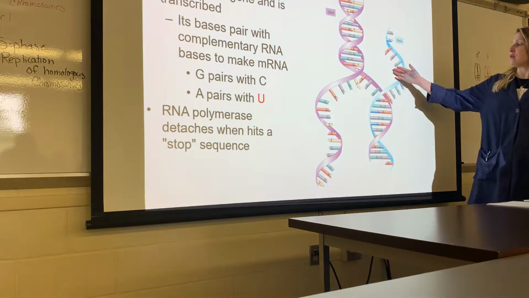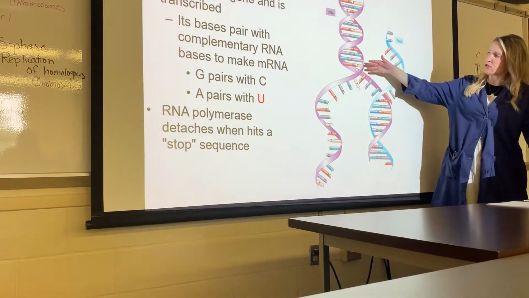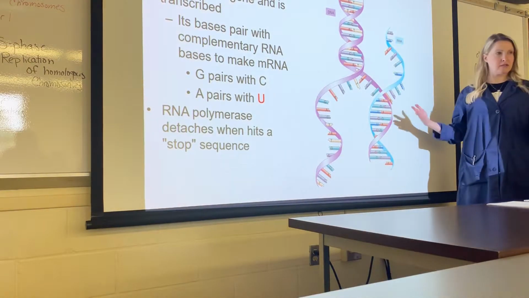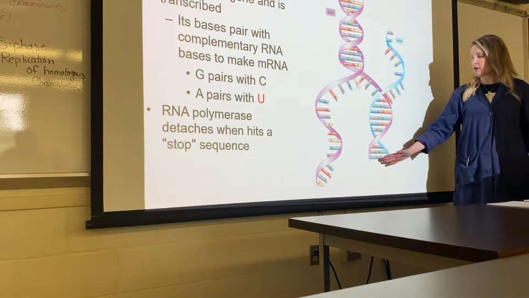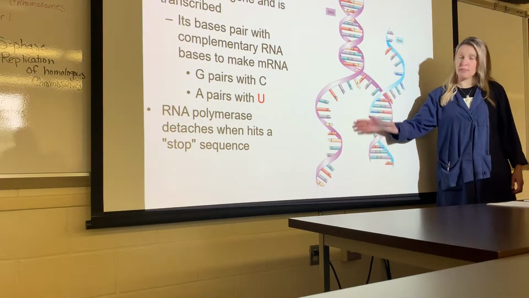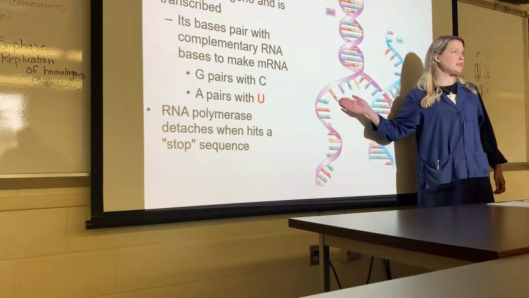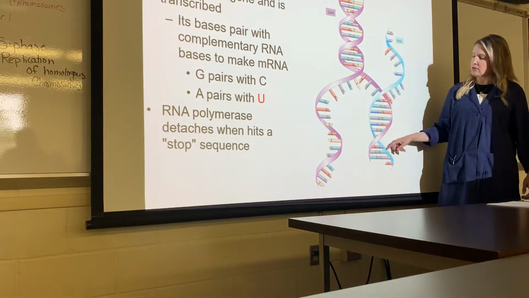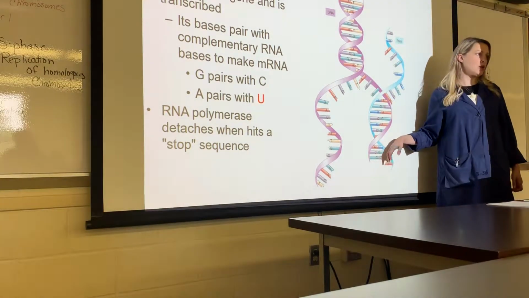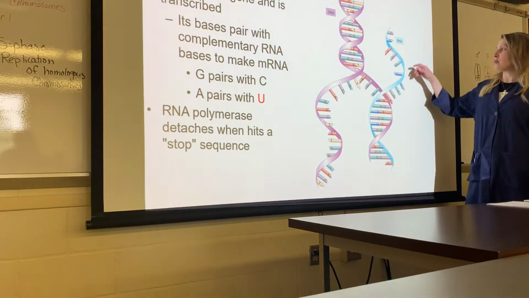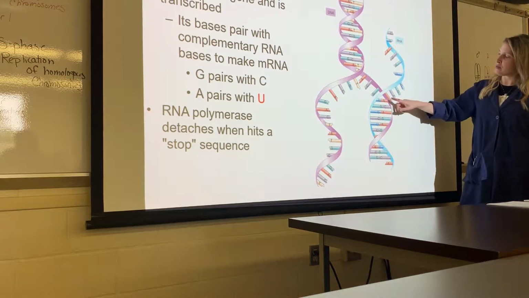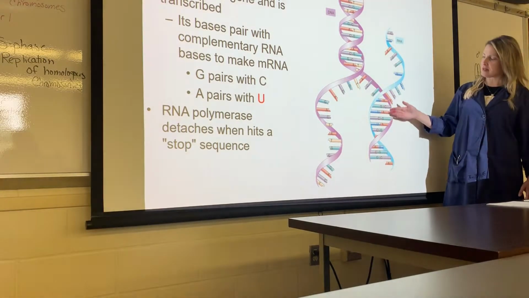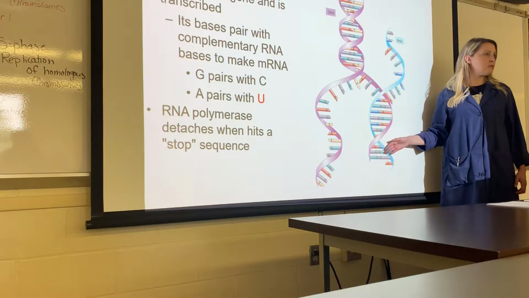So over here we're showing the process of transcription. The purple strand is our double-stranded helix of DNA. And again, we get RNA polymerase unzipping the DNA, breaking the hydrogen bonds between those base pairs. And the blue strand that you see here is our messenger RNA molecule that's being produced. So it's single-stranded, and what we're doing is pairing the complementary bases with that gene sequence on DNA.